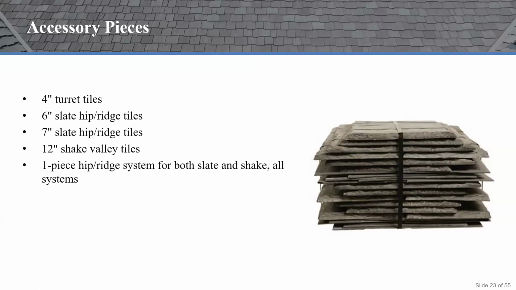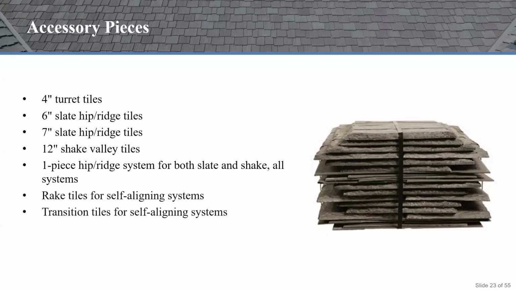So that's just more like a one-piece system that you bend in half and you actually cap it right over your hip or your ridge area without having to do any flashing. So we're seeing a big demand for that product as well. Rake tiles that are available for some of the self-aligning systems. Transition tiles for some of the self-aligning systems.